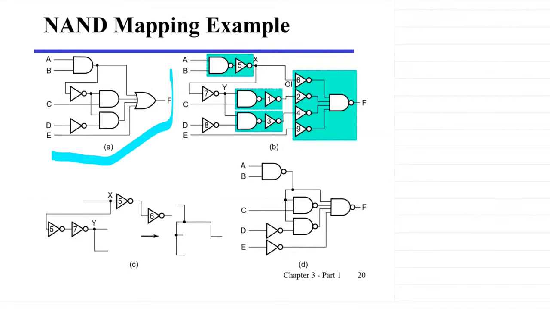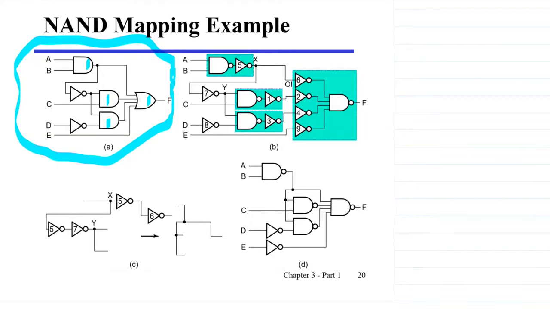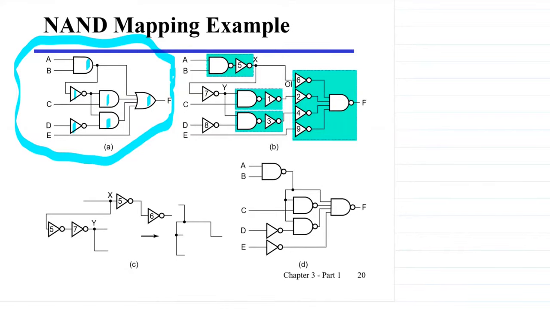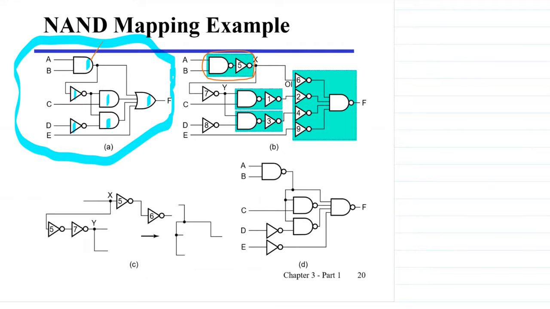Let's see this example here. We have a function which is implemented using some AND gates, 1 OR gate, and 2 inverters. The first step would be to replace the AND gates and the OR gate with their equivalent NAND gates. You can see it over here. This is what we have for the first AND gate, second AND gate, third AND gate, and also for the OR gate over here.